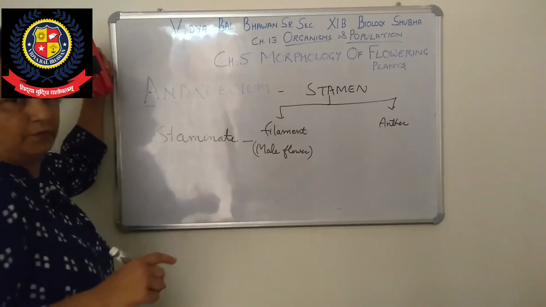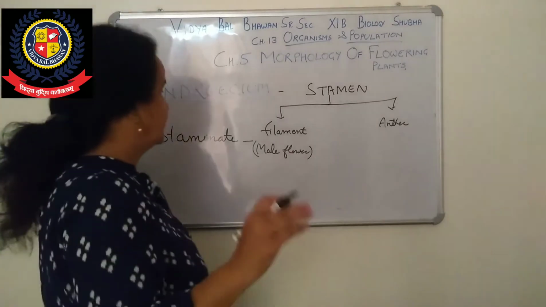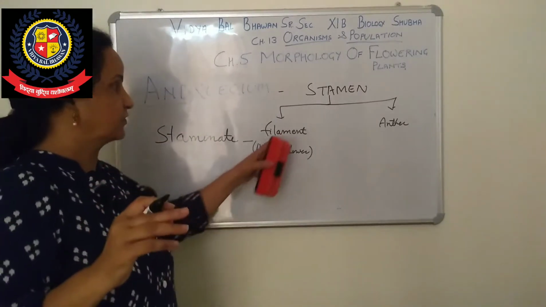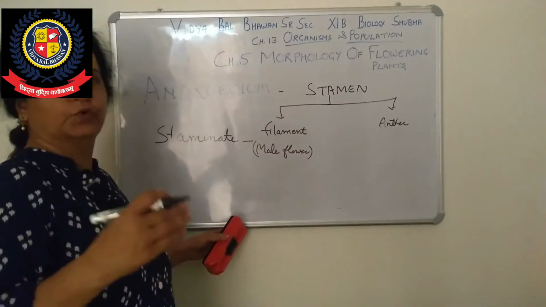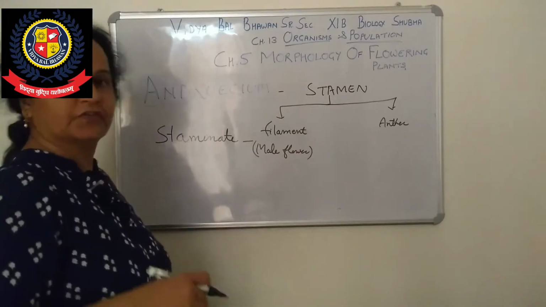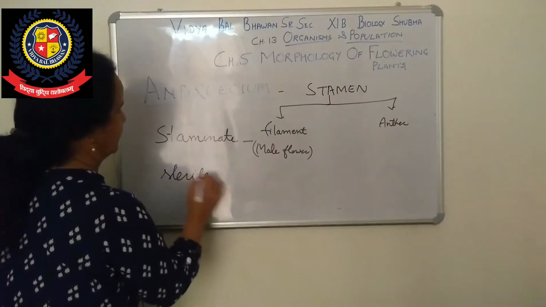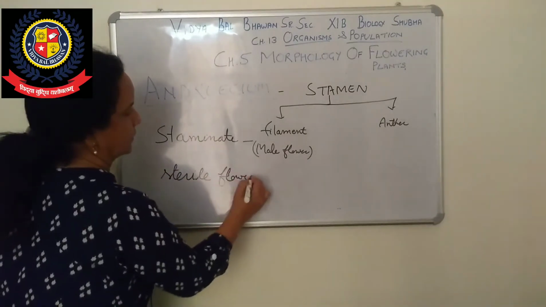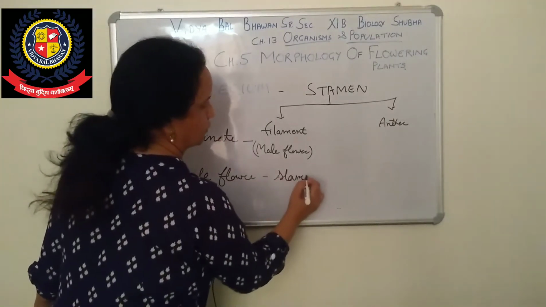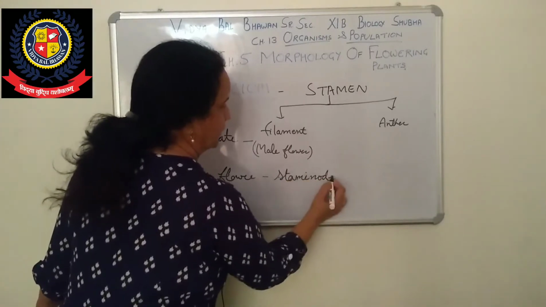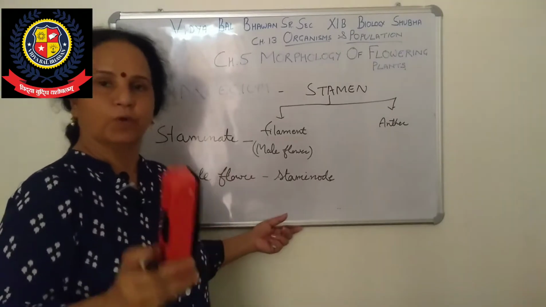Now, if in a flower, maybe bisexual or maybe unisexual, these stamens are not able to produce pollen grains, then it is called sterile, a sterile stamen, or it is called staminode. It is given in your book also, staminode, where the stamen is not able to produce pollen grains.